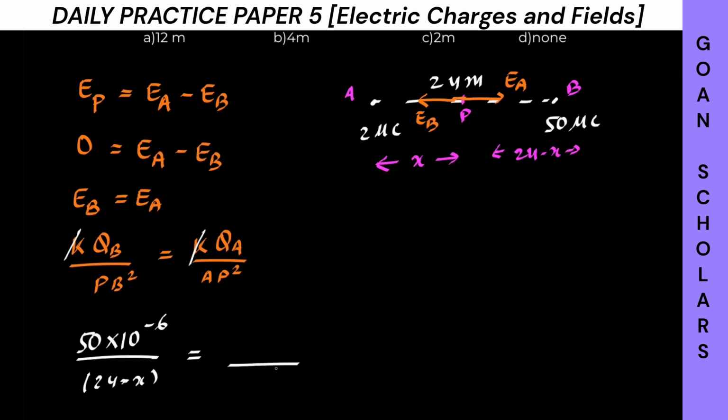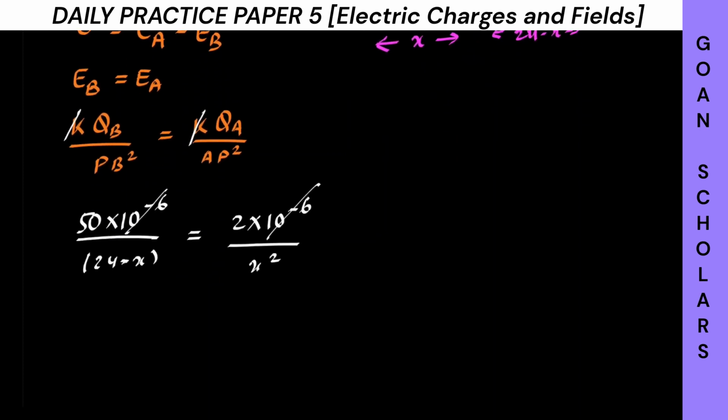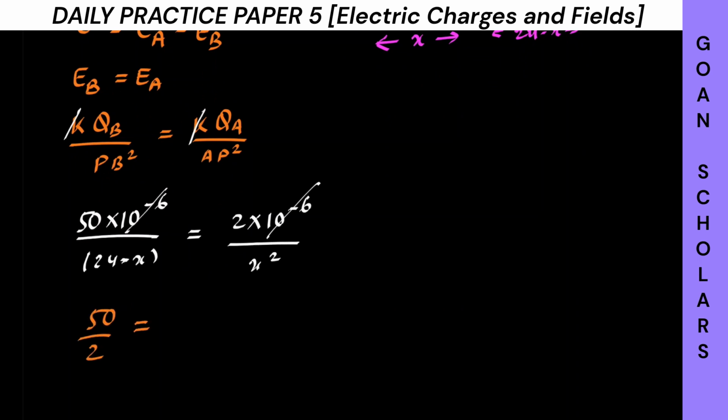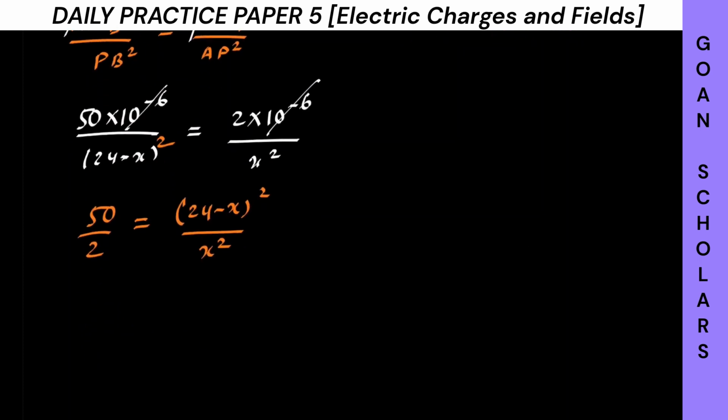PA is x, and charge on A is 2 microcoulombs. Let's cancel 10 to the power minus 6 on both sides. 50 upon 2, cross multiplying, and here it is whole square: (24 minus x) whole square upon x square.